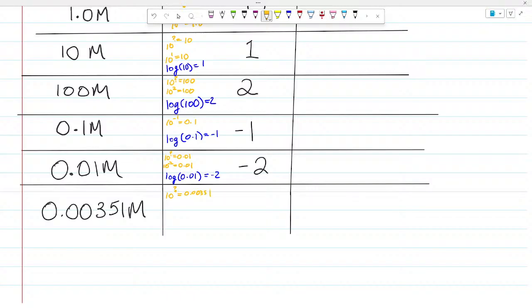Because I don't know, but how could we figure it out? We could take the log of 0.00351. And what's it give us? -2.45. Now try that. 10 to the exponent -2.45 should equal 0.00351. Try that. Make sure it's true.